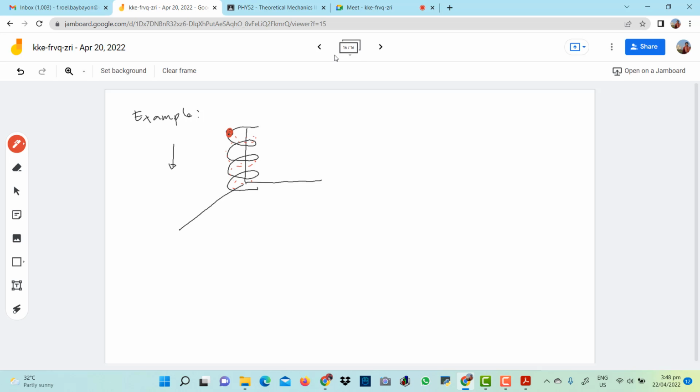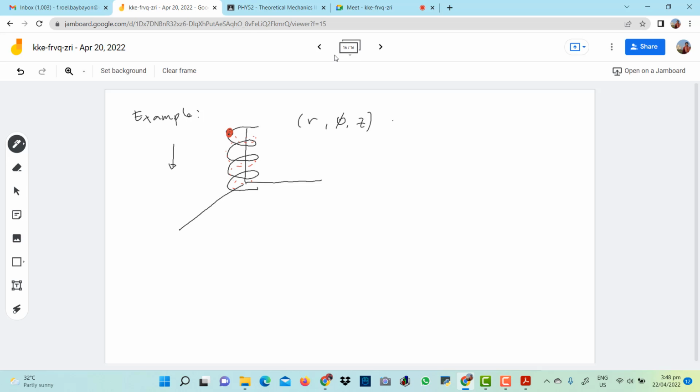Under the influence of gravity, your mass m moves in a smooth helix wire without friction. The wire shape is described in cylindrical coordinates, given by r, phi, and z.